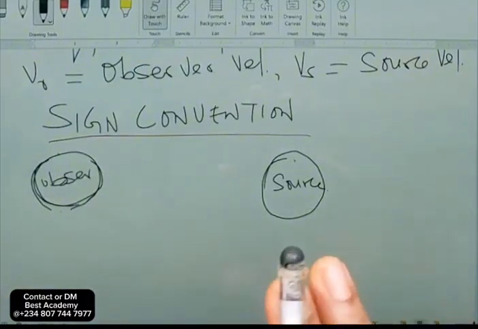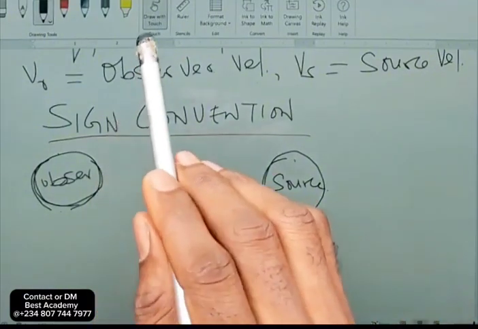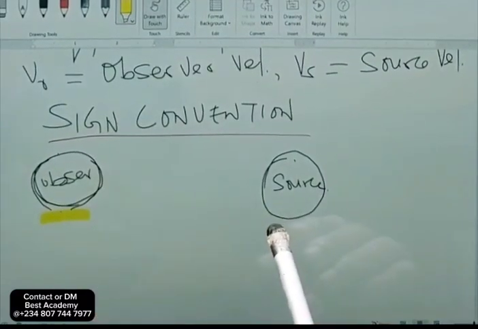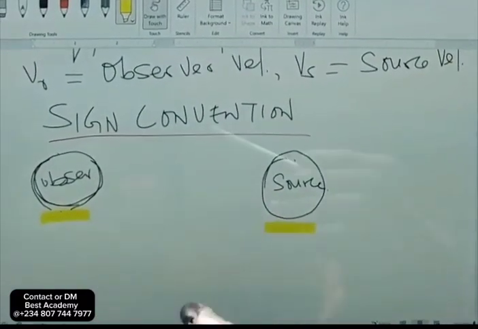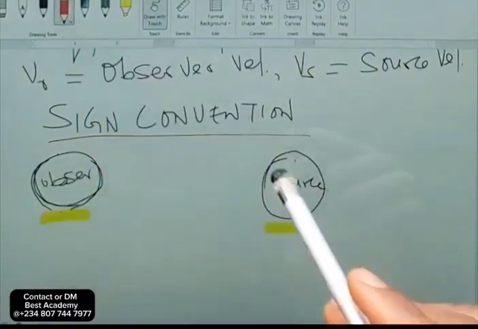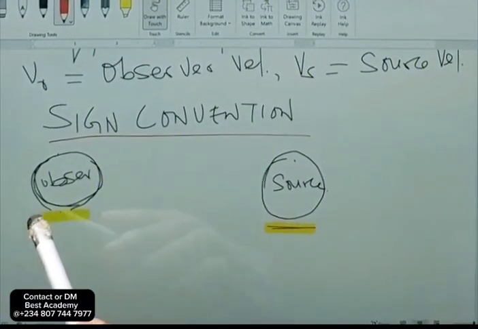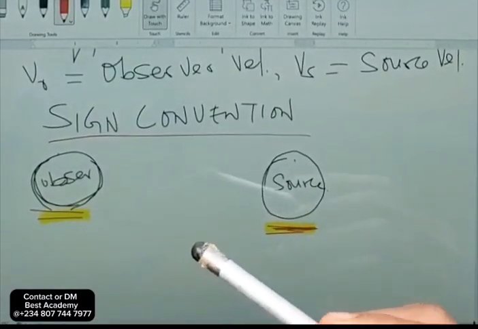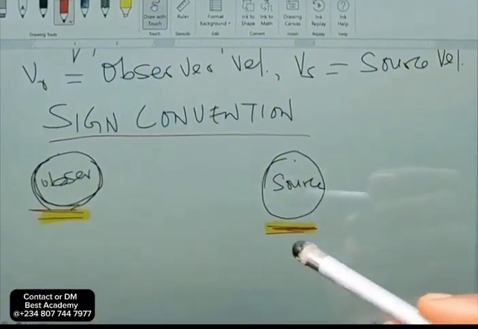Sometimes the observer might be towards the source. We are going to know the sign of the velocity at that point, or the source might be towards the observer, or the source might be away from the observer, or the observer might be away from the source.